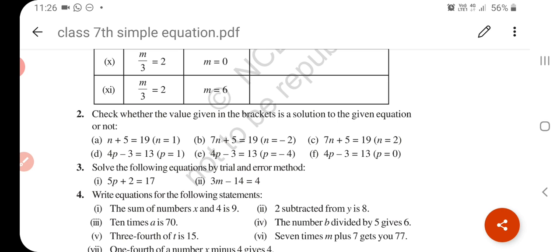If we divide both sides of the equation by the same non-zero number, the quotients are also equal. Okay? Understand? So this type you use balancing method. Okay? Balancing method, and it's also called systematic method.